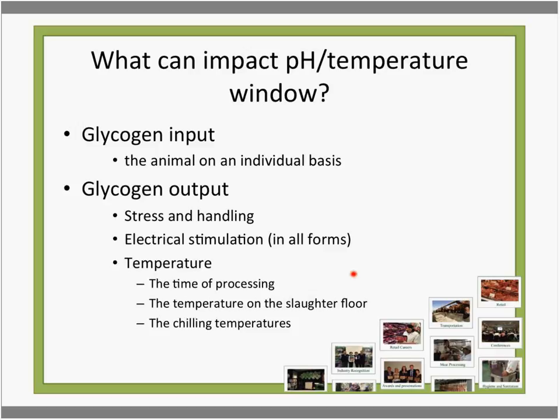That's that individual animal variation that means that you always, to some extent, have an animal that's more stressed, or an animal that has a smaller glycogen bucket to be filled, or a variation in the amount of glycogen in their cells.